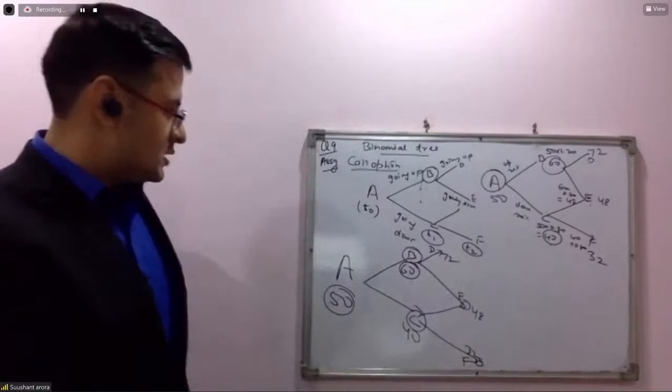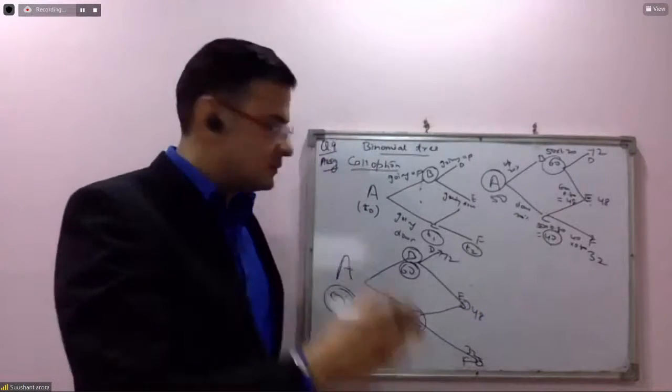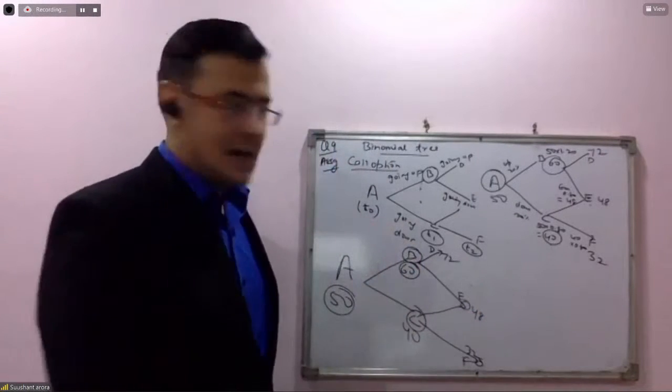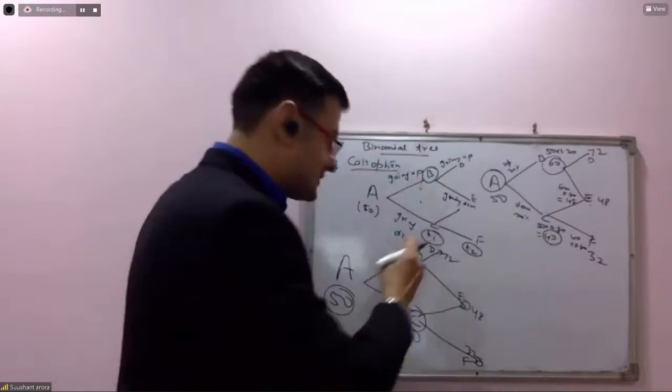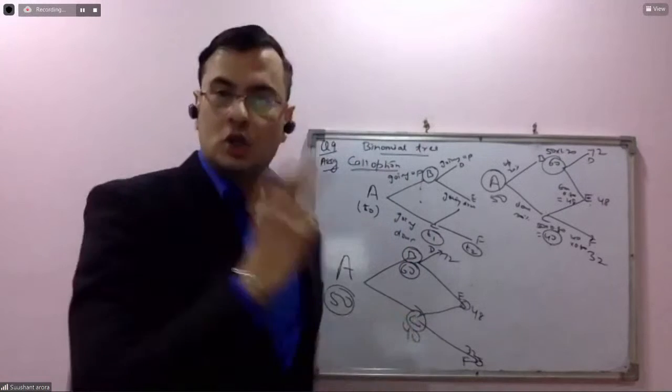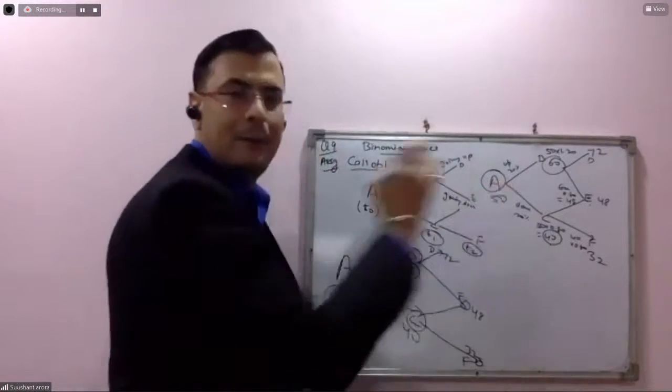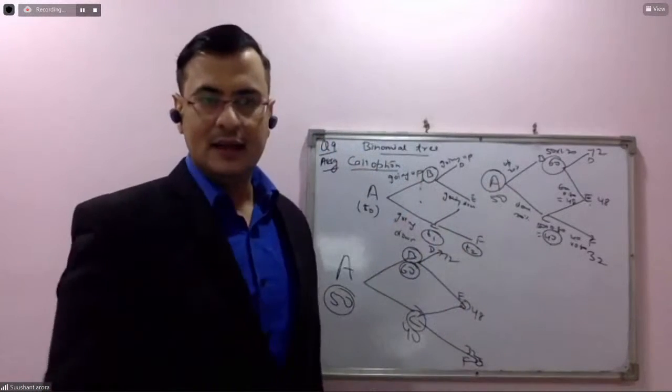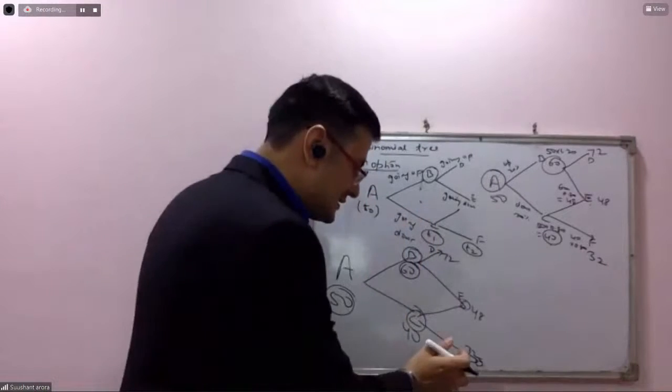Clear, guys? So 50, two possibilities, 60 and 40. 60 has two further possibilities, 72 and 48. For C, two possibilities, going up by 20% means 48, and going down, which is 32.